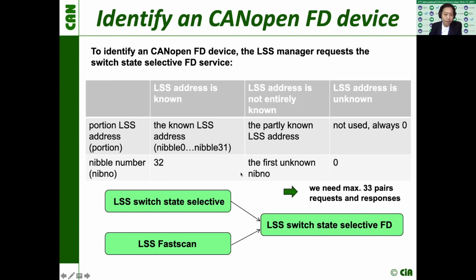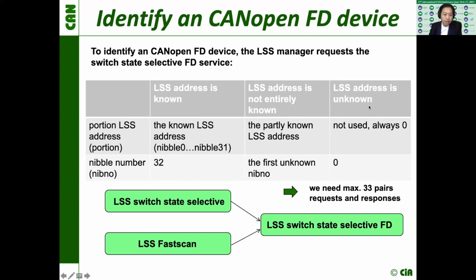The second case is if the LSS address is not entirely known. Then we set the portion address to the partly known LSS address, and the neighbor number should be the first unknown neighbor number.